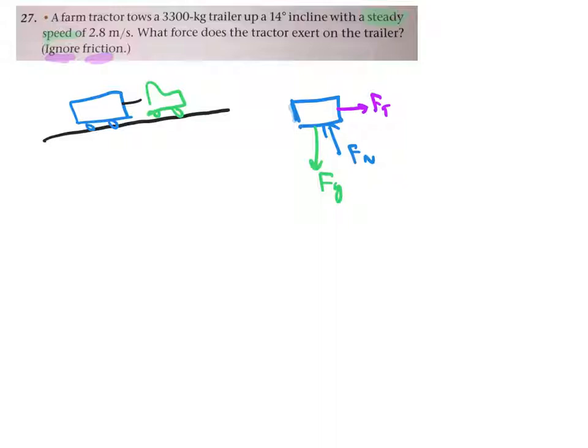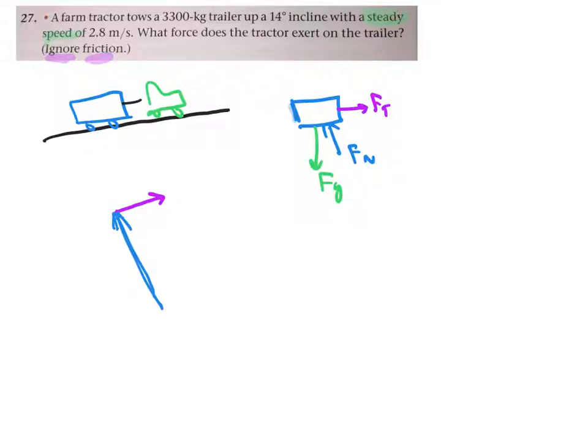Being a free body diagram, a collection of forces, I can actually redraw them. We'll have the tractor force going along the incline, and the normal force pointing perpendicular to the incline, arranged tip to tail.